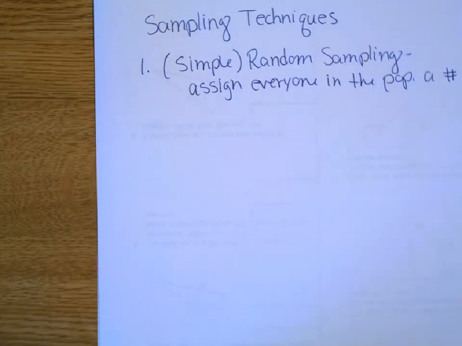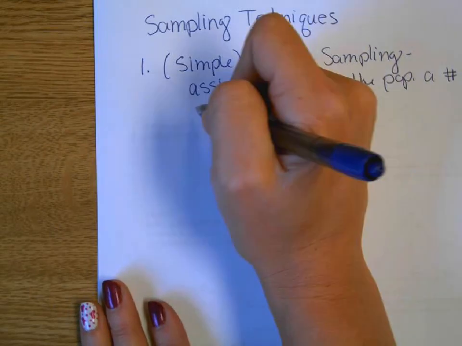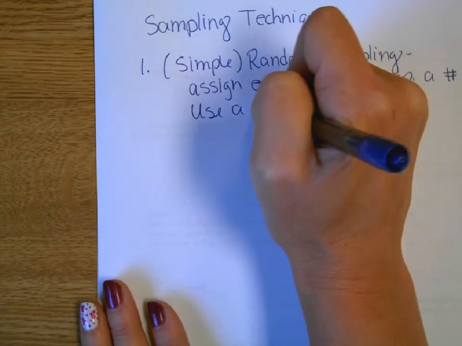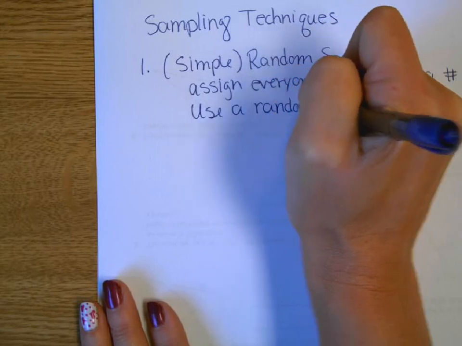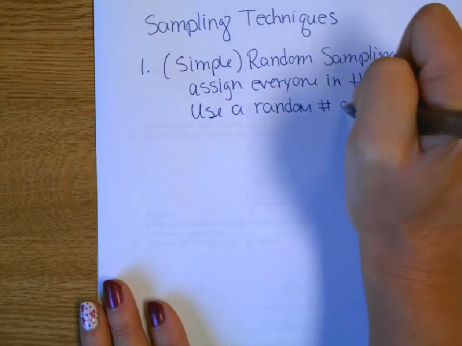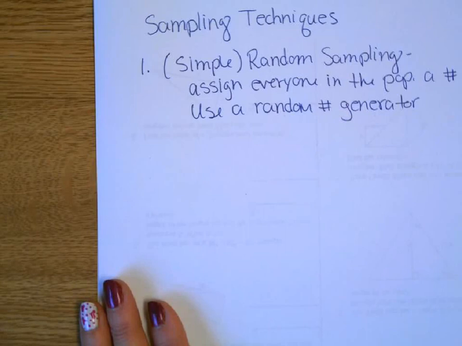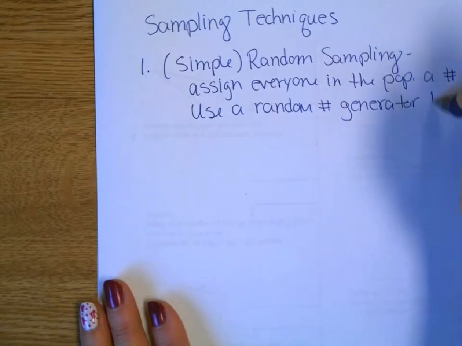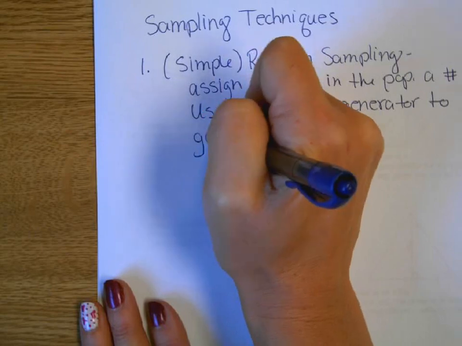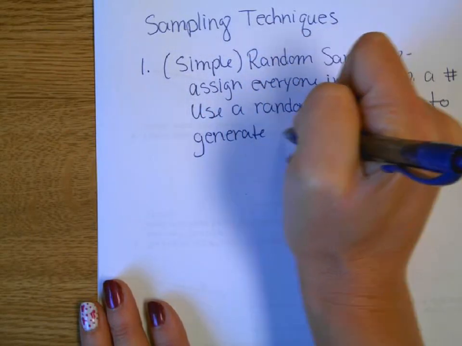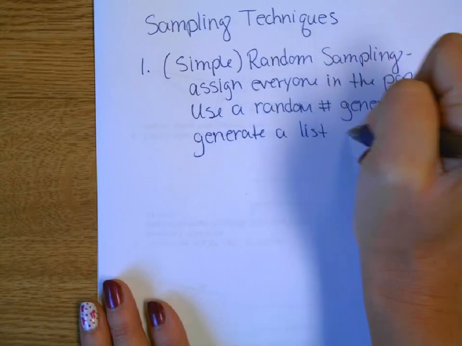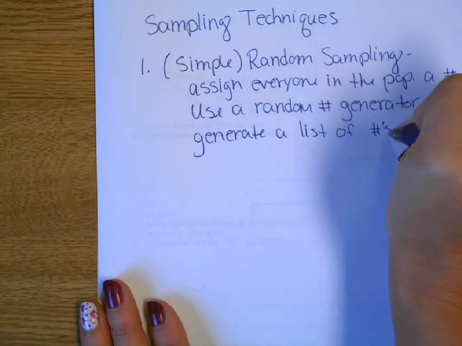Then you're going to use a random number generator and generate a list of, say, 30 random numbers, and those would be the 30 people you use in your sample.